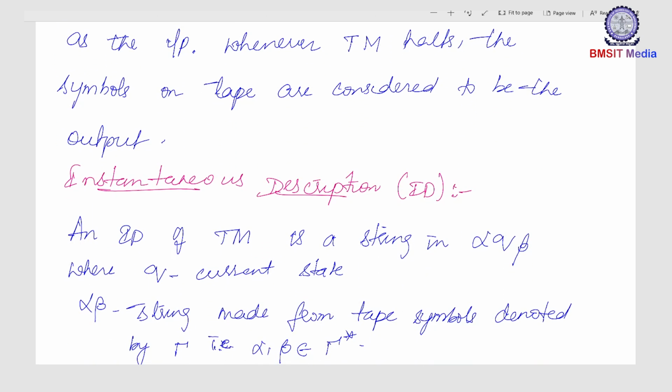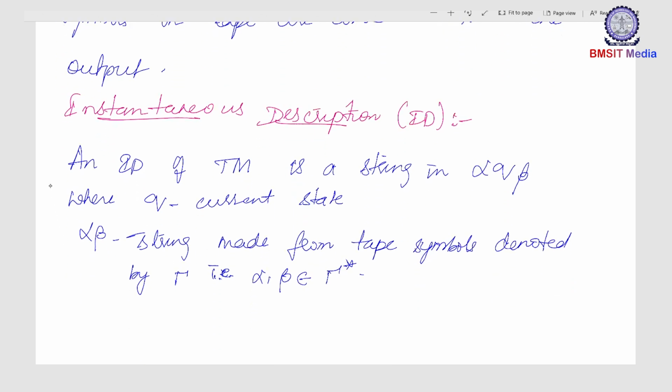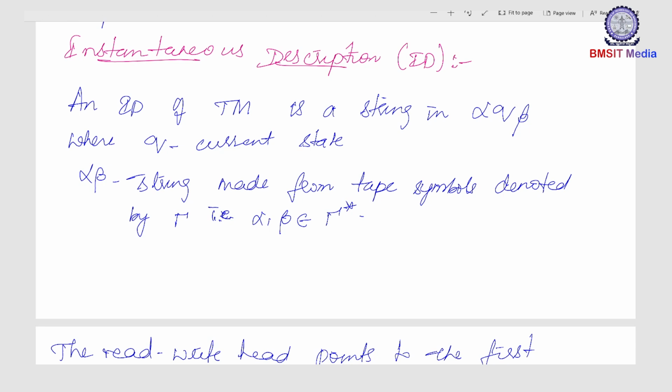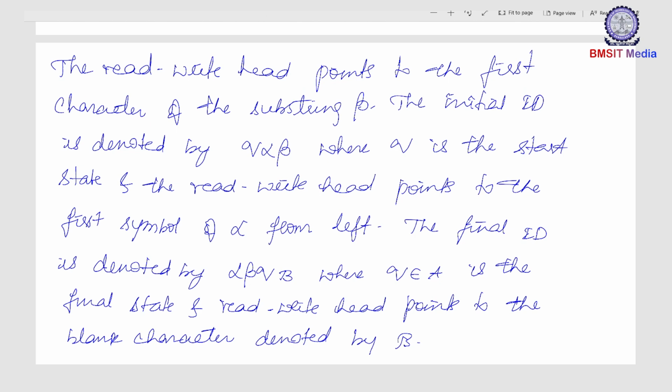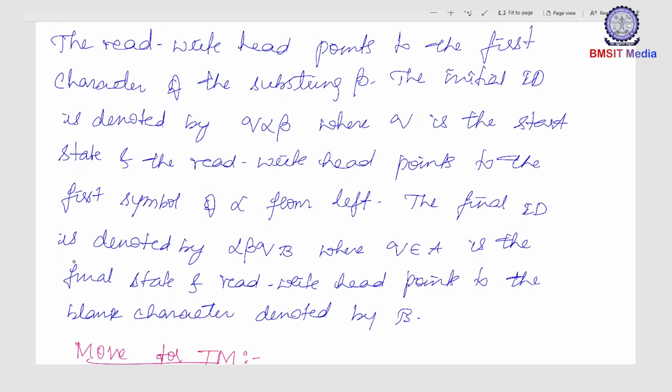Let's see the instantaneous description and the move in a Turing machine. Coming to ID, the instantaneous description. An ID of a Turing machine is a string of the form alpha q beta, where q is the current state, and alpha beta is the string made from the tape symbols denoted by tau, that is, alpha beta belongs to tau star. The read-write head points to the first character of the substring beta.